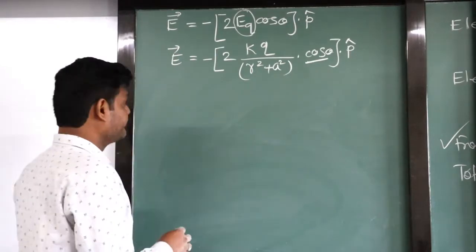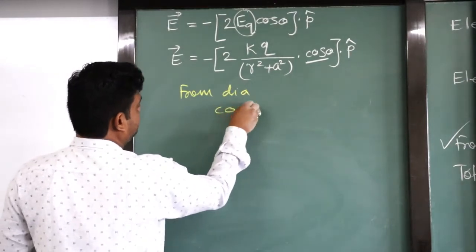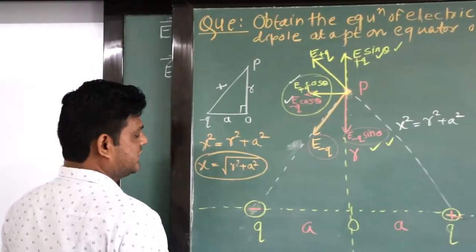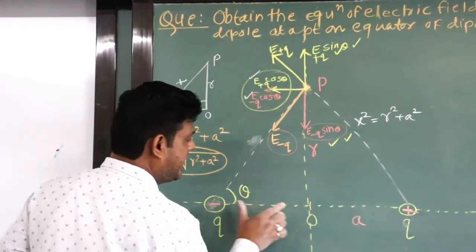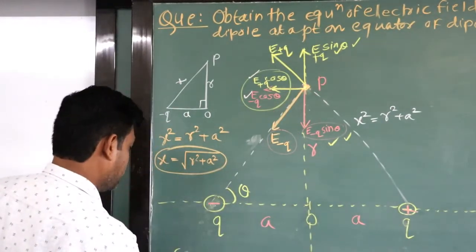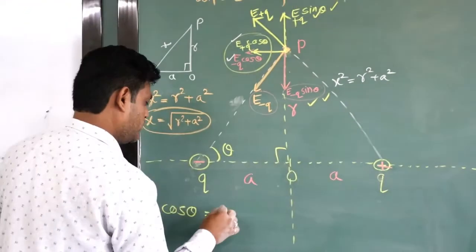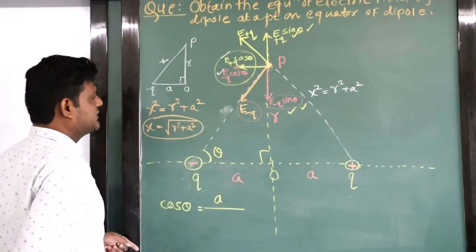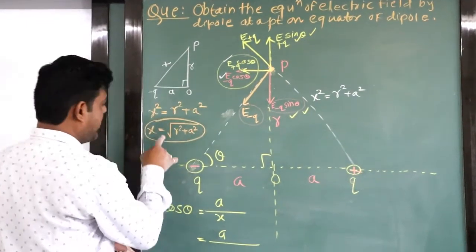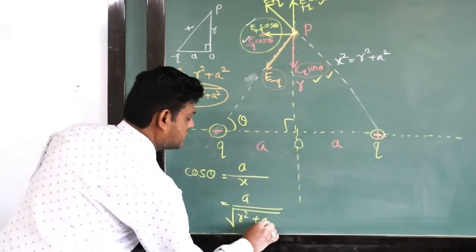From the diagram, what is cos theta? See the diagram. This is the angle theta, this is the A distance, this is the R, this is the X. So cos theta equals adjacent divided by hypotenuse, and the hypotenuse is X. So A divided by X, which is A divided by under root R square plus A square.